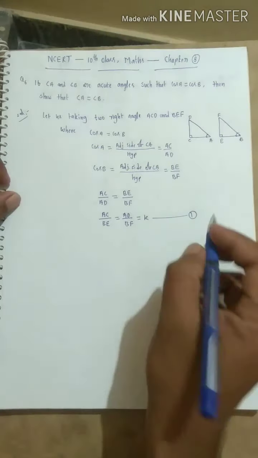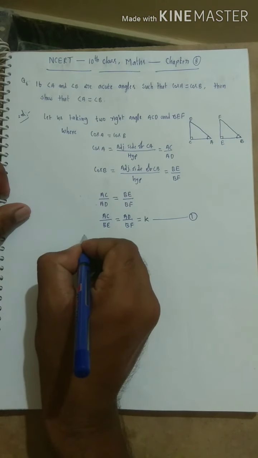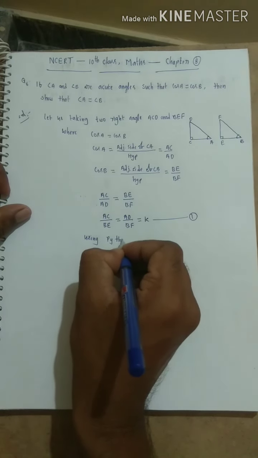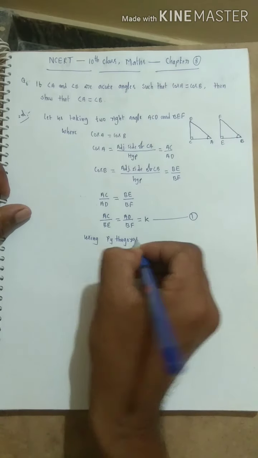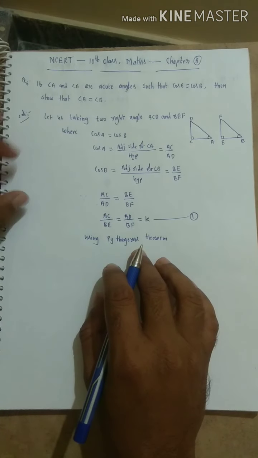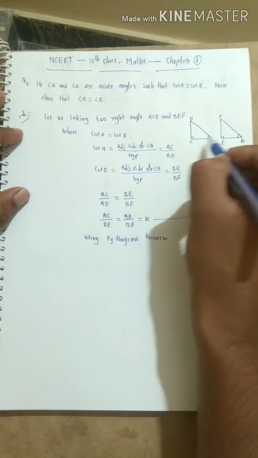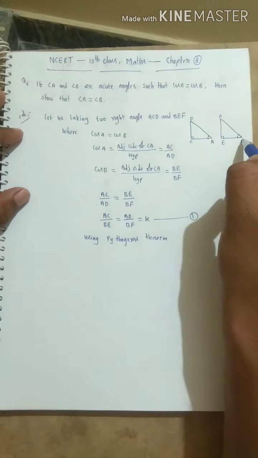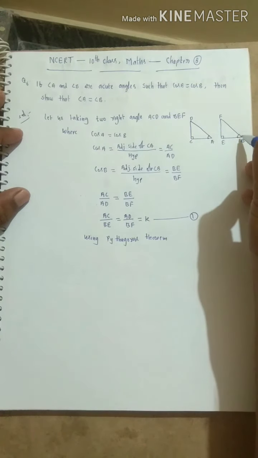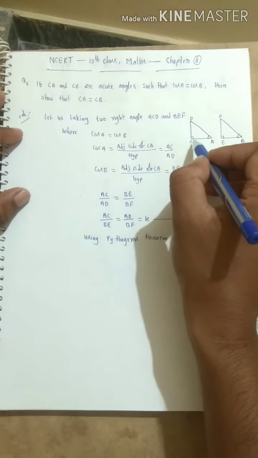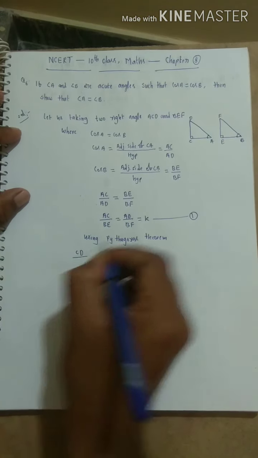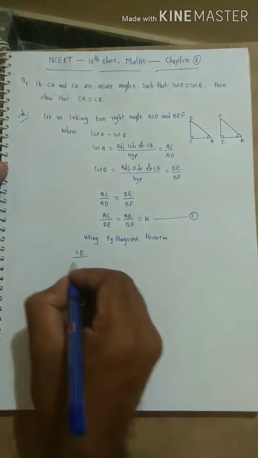Therefore, using the Pythagoras theorem. Why are we using the Pythagoras theorem? Here AC upon the corresponding side BE is equal to AD upon the corresponding side BF. Another side CD upon the corresponding side EF.